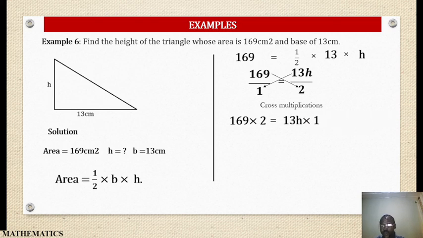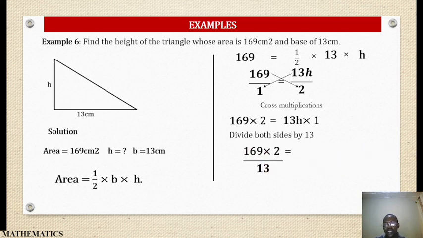And 13h times 1 is the same as 13h. So what we need to do here is to divide both sides by 13 because that is the coefficient of h. So we have to divide both sides by 13 for us to get h. And we have 169 times 2 divided by 13, which is equals to 13h divided by 13.